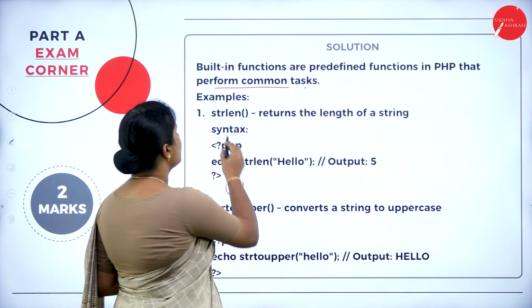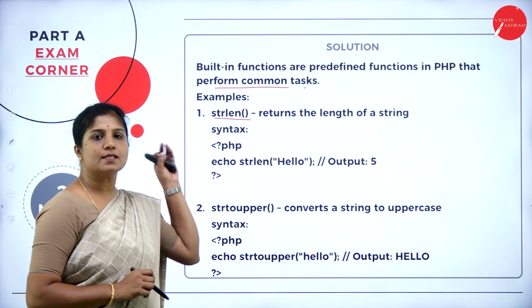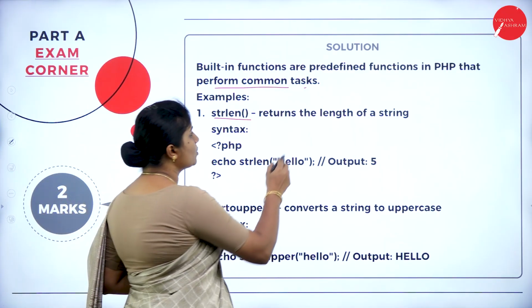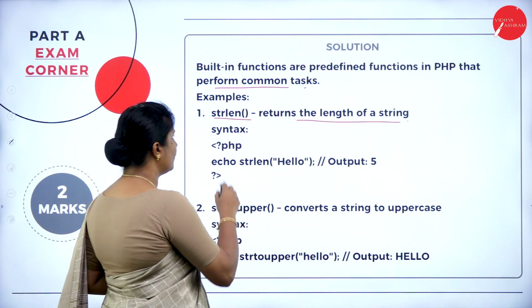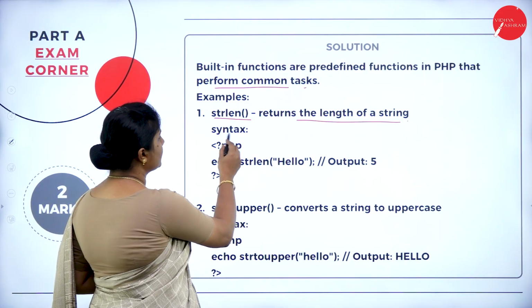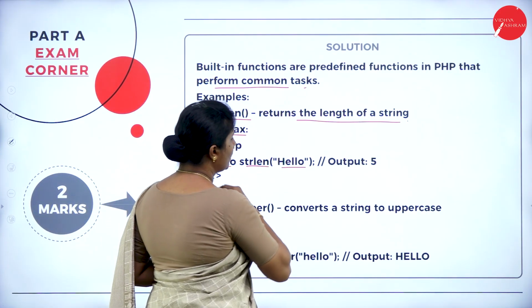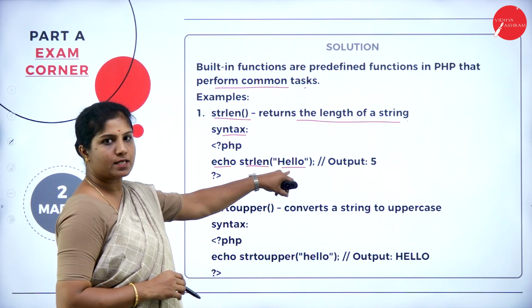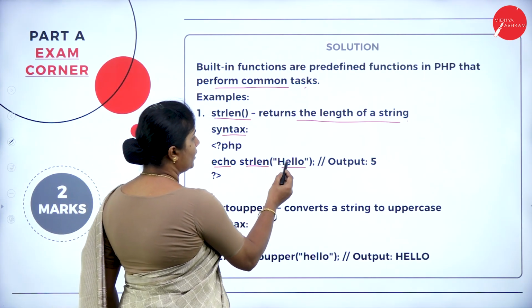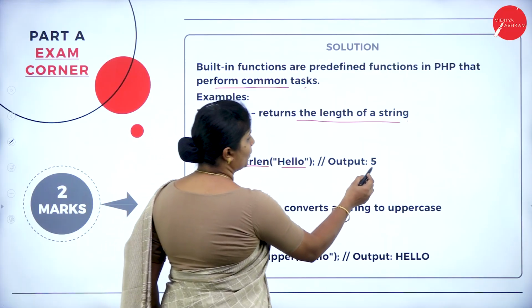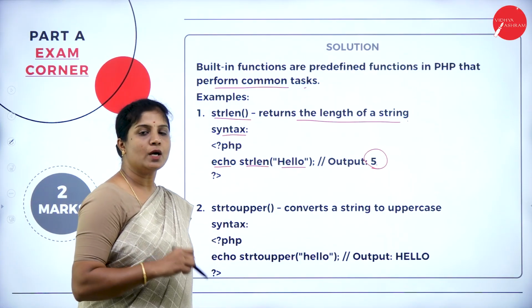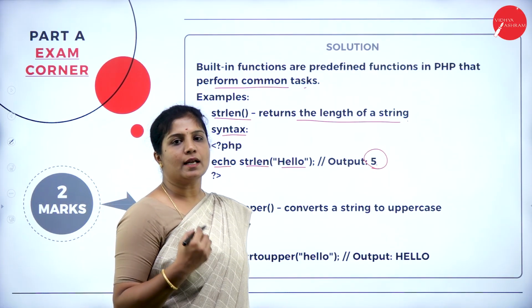Which are those? strlen, that is string length. It is going to return the length of a string. For example, how do we write the syntax in PHP? echo strlen("hello"). This is the string I am entering. It is going to count 1, 2, 3, 4, 5. So the output will be 5.